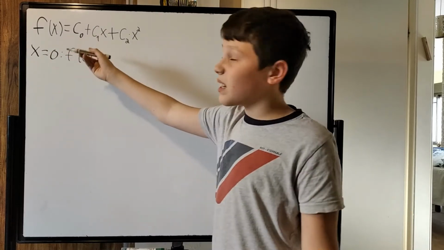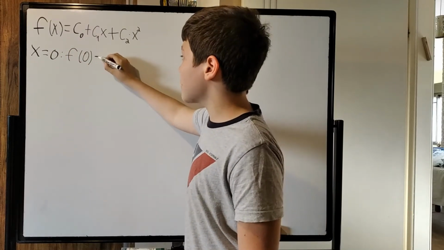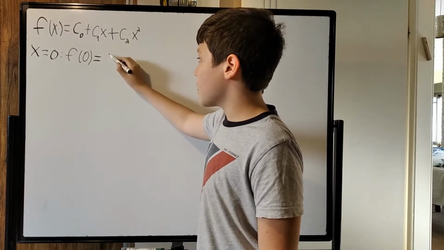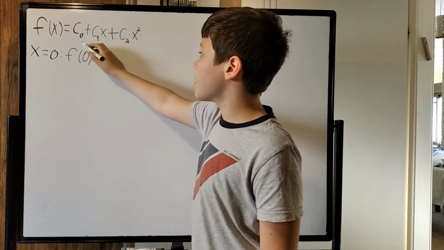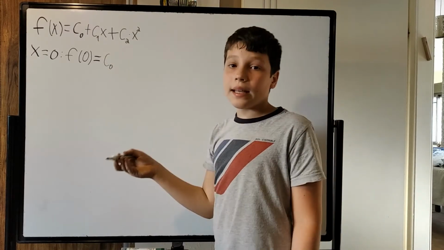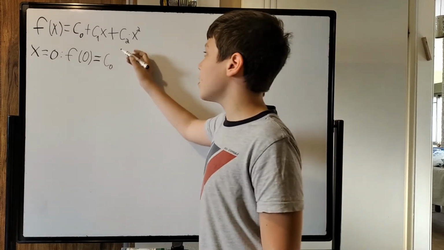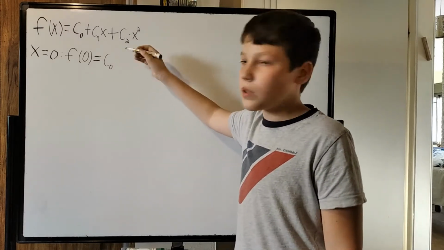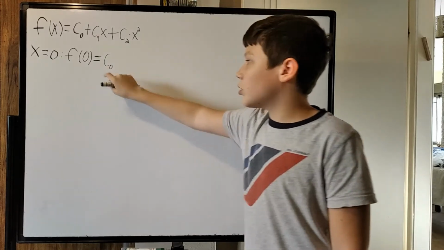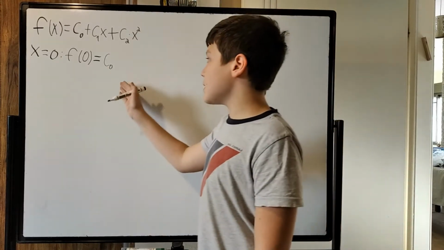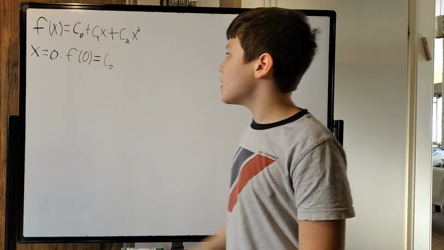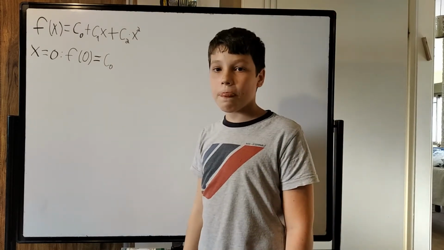Plugging in x equals 0 gives f of 0, obviously. It's going to be c0, plus c1 times 0, plus c2 times 0 squared, so plus a bunch of zeros, and it's just c0. c0 is equal to f of 0.